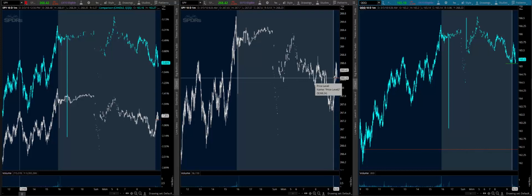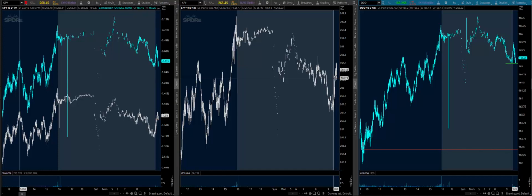Now the trick with this style of trading is that it's really important that you take the appropriate amount. So make sure you switch your dollar amounts to the correct dollar amounts. In other words, don't do 1,000 shares of the spider and 1,000 shares of the QQQ. You've got to take an equal dollar amount.